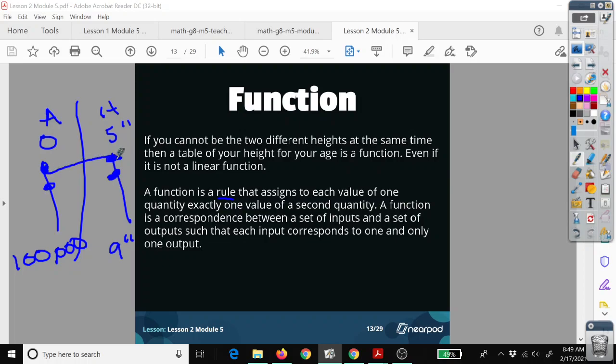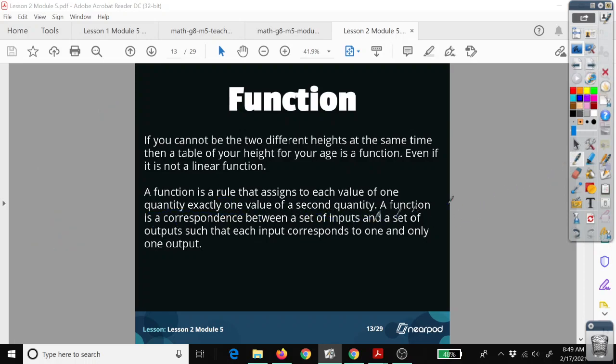So I'll go from here to here. I won't go from here to two places. Okay? So the quantity of one value and the quantity of the second value. A function is a correspondence between a set of inputs and a set of outputs, such that each input corresponds to one and only one output. Right?